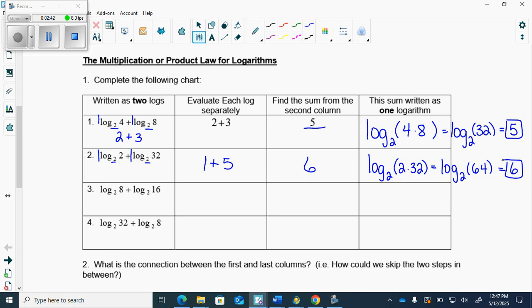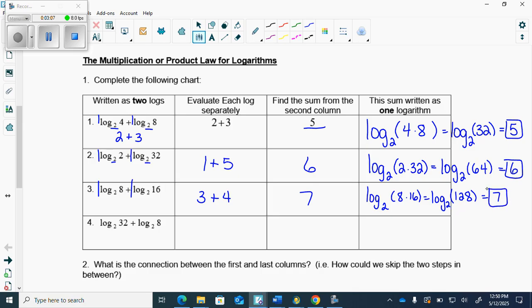You do 3 and 4. Go. Log base 2 of 8 is 3, plus log base 2 of 16 is 4, which gives me 7. And then because they have plus 1s in front and they're both log base 2, I can go log base 2 of 8 times 16, which equals log base 2 of what? 128, which equals 7.